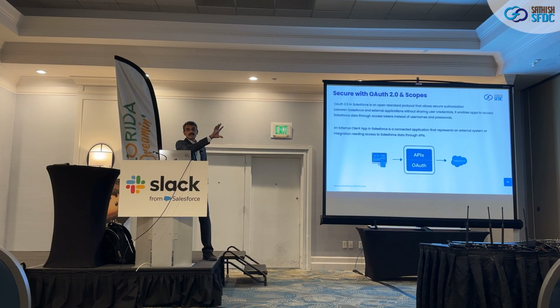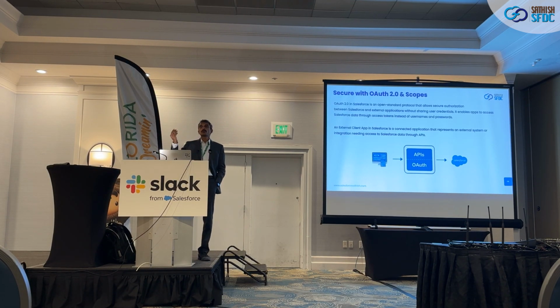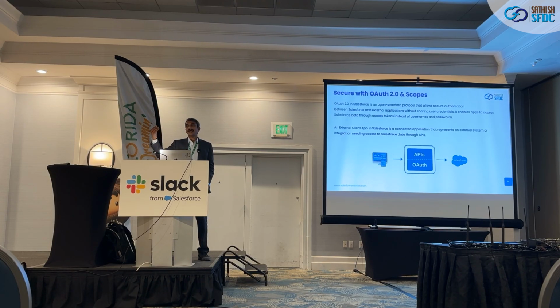I'm going to talk about everything in the next slide, but this is the general idea. You will have an external system connecting to Salesforce using OAuth. Salesforce gives certain scopes by default, like API. For example, if you want to access Salesforce data, that is the API scope you add to that particular connected app, so that you can retrieve only the data that is available for you.